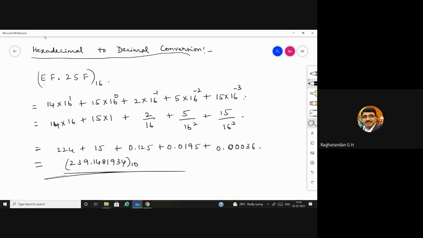Anything you want to convert from any number system to decimal number system, you have to multiply.